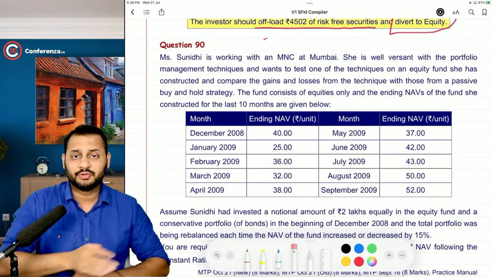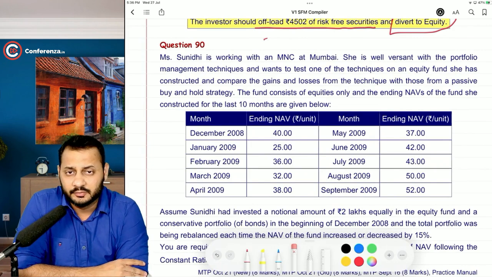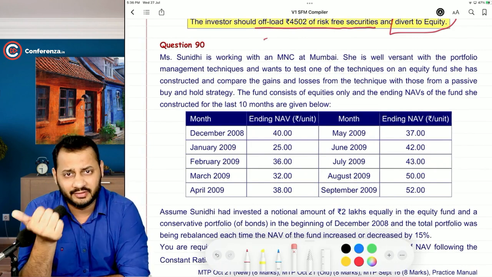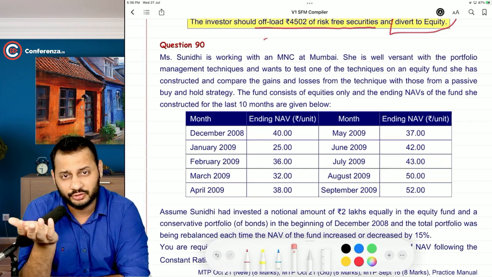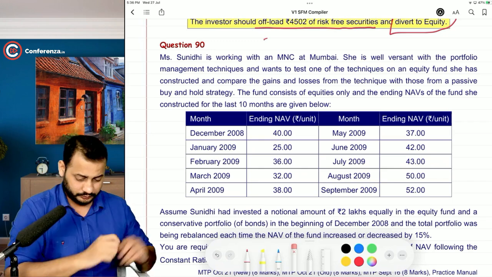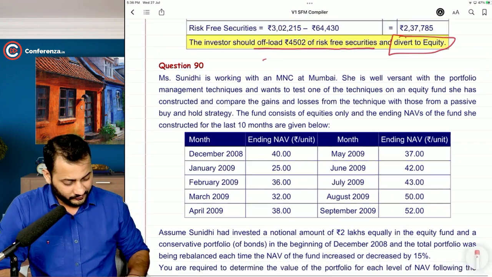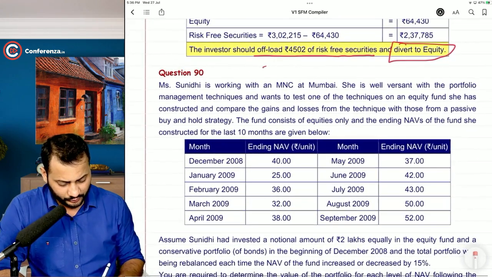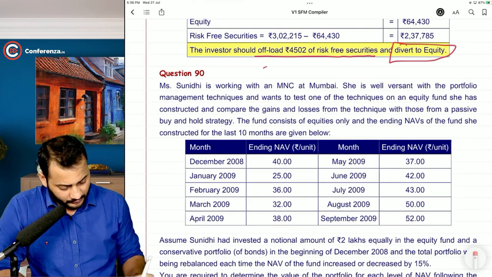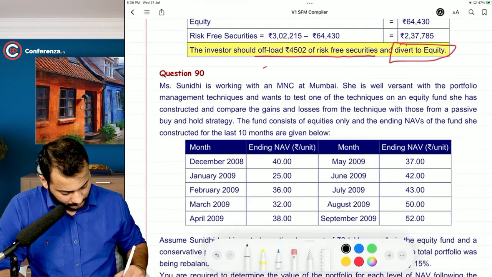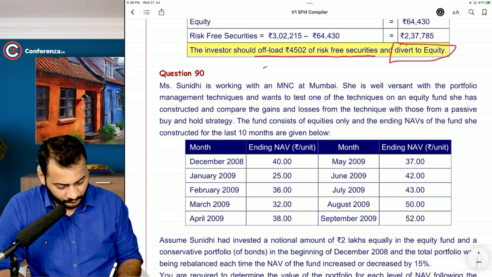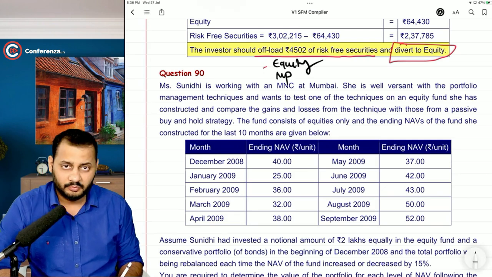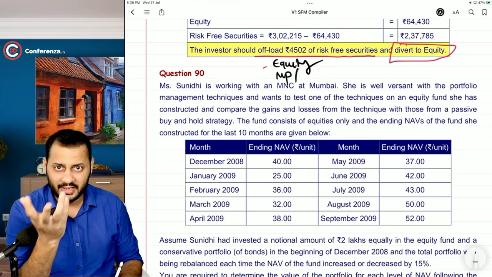Mrs. Sunidhi. This question is based on the rest of the two concepts of the portfolio rebalancing theory. One is the buy and hold policy and the second one is the constant ratio plan. Before starting this question, let me just tell you something about the mutual fund. Let's say this is equity, and in equity, for every share you have a market price.